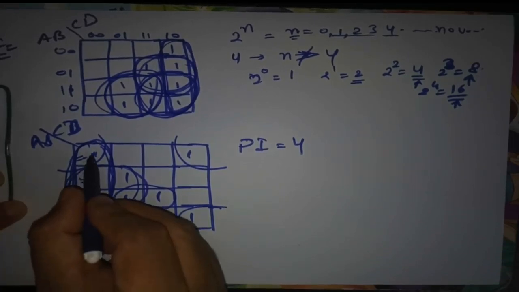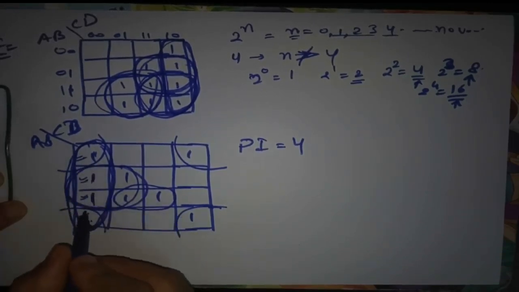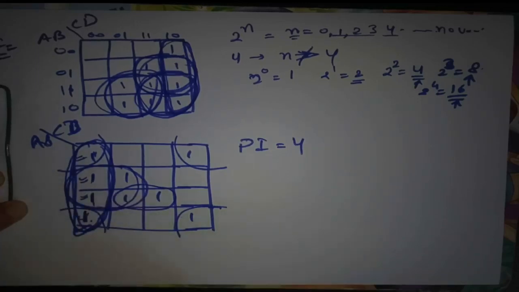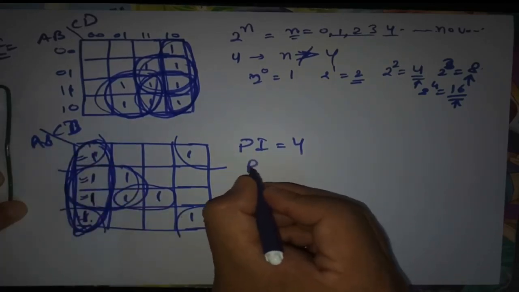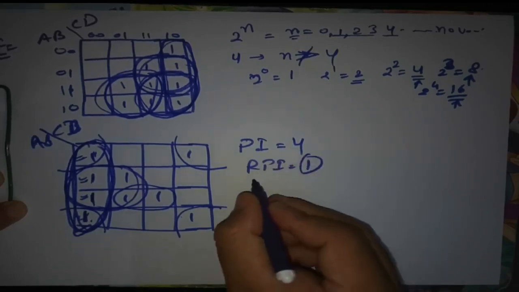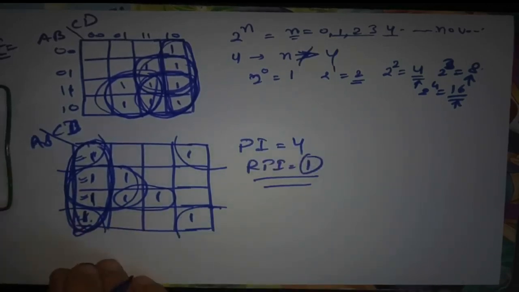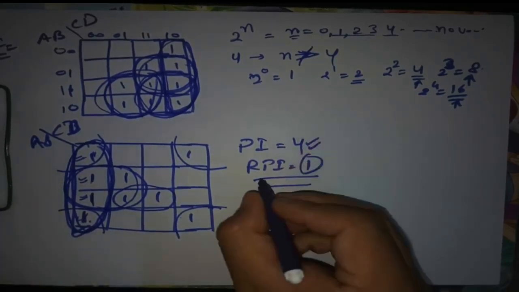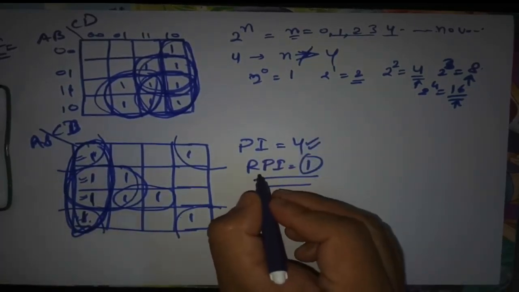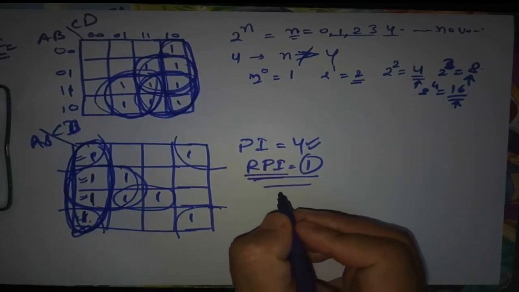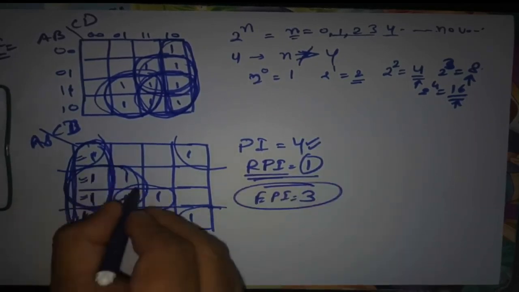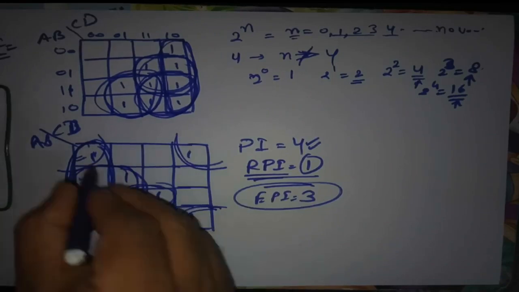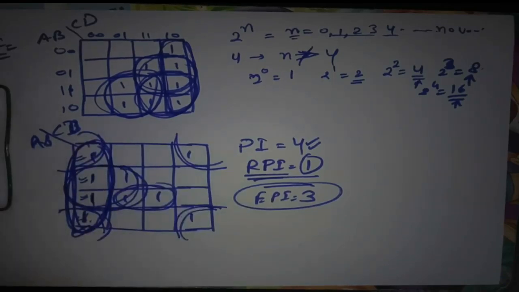That means all the cells of that particular group are involved with the other groups. That means this group becomes our redundant prime implicant. In that particular example we have a total of 4 prime implicants, of which only one is a redundant prime implicant. That means the essential prime implicants will be 3. That means this one and the folding one. Clear?